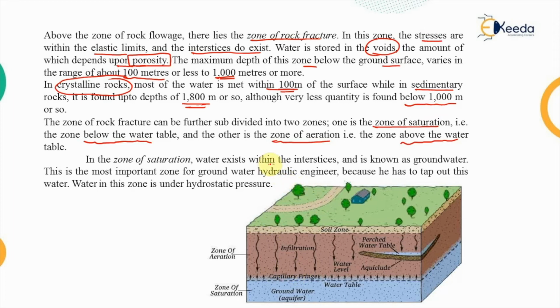That means it is present within the voids and is known as the groundwater, which is our consideration. And that is why it is the most important zone for the groundwater hydraulic engineer, because he has to tap this water. And water in this zone is always under hydrostatic pressure.